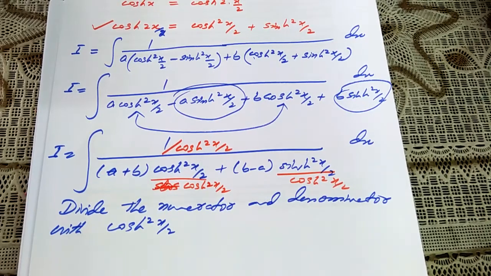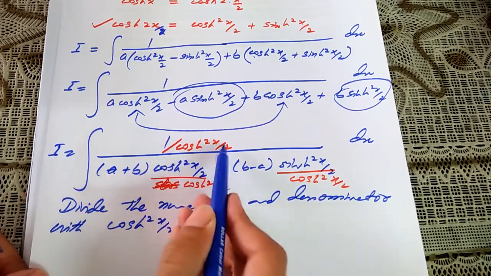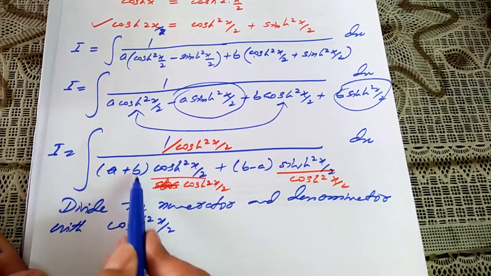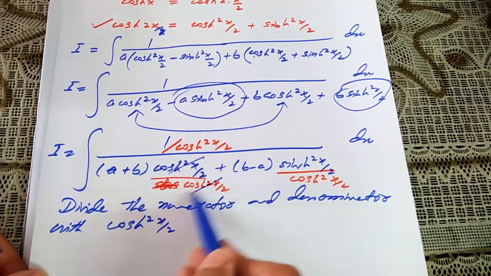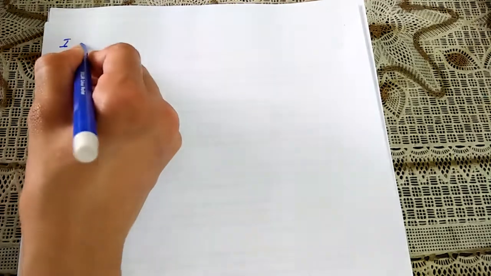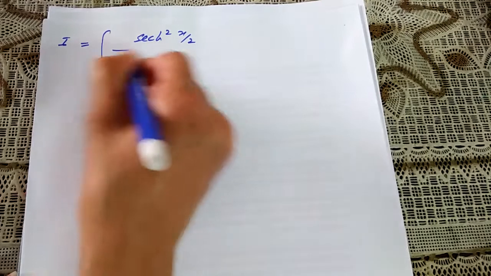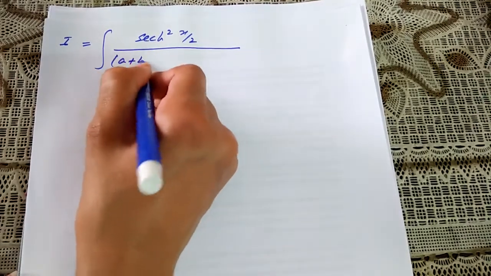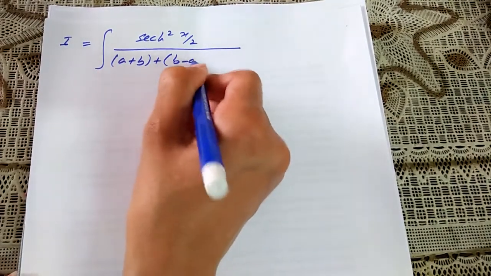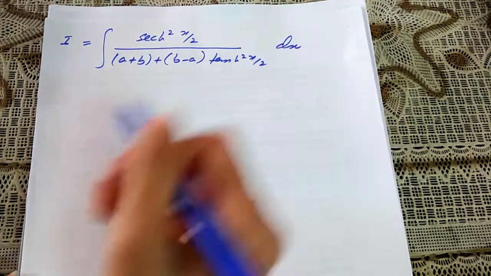So my integral will be reduced into sech squared of x by 2 over a plus b, this will be cancelled, plus b minus a tanh squared x by 2. So my integral will be reduced as I is equal to the integration of sech squared x by 2 divided by a plus b minus a tanh squared x by 2 dx.